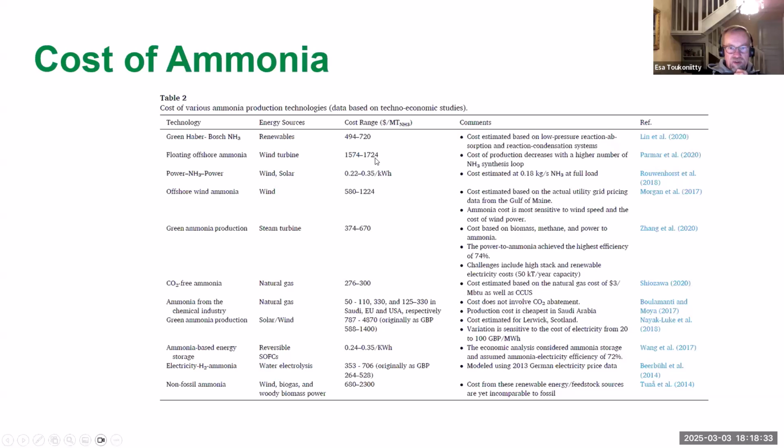Cost of ammonia. So here is like $500, $700 per metric ton. Or what are the cheapest ones?